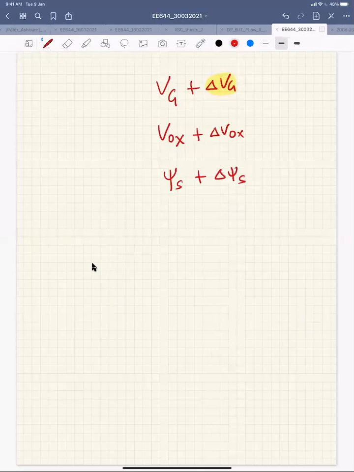What I'm telling here is once the device is in inversion, if I'm giving a delta Vg, most of this delta Vg will drop across delta Vx, meaning across the oxide, because your oxide voltage is increasing exponentially with psi s. So delta Vg will be almost equal to delta Vx, and your delta psi s will be very less.